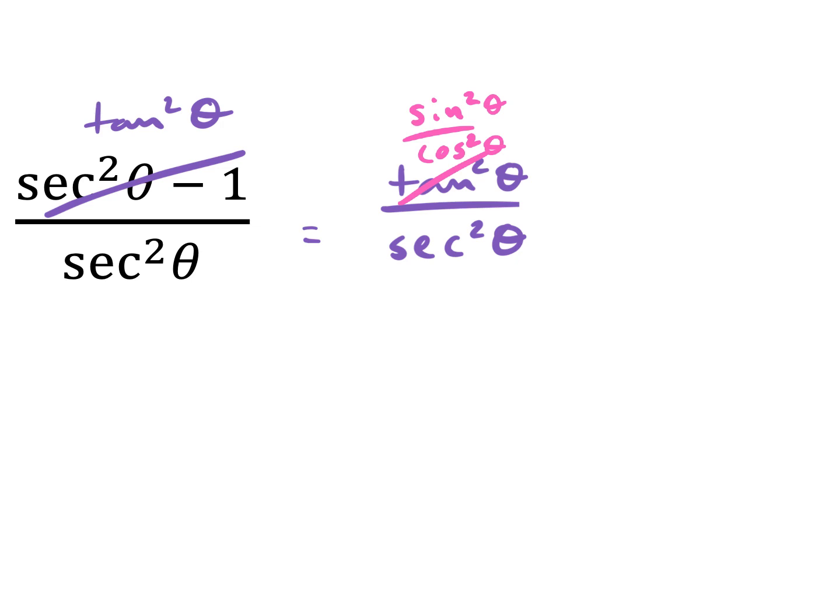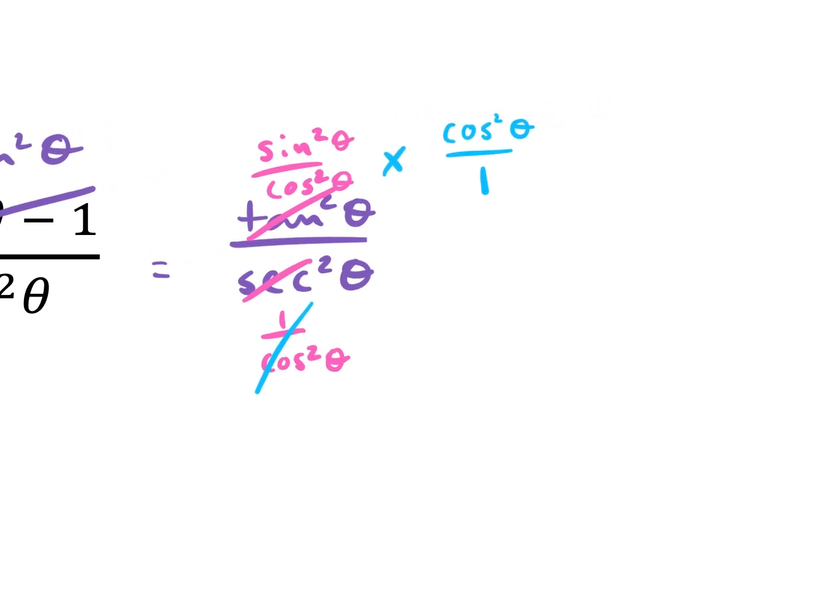And secant squared would be 1 over cosine squared. Now I can keep change flip. So keep the top, change to multiplication, and flip the bottom to cosine squared over 1. What can I do next? The cosine squareds cancel, and what am I left with? Sine squared.